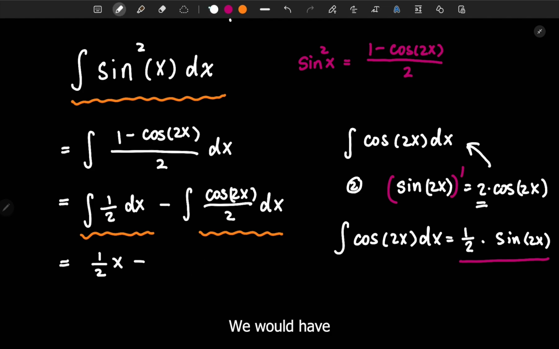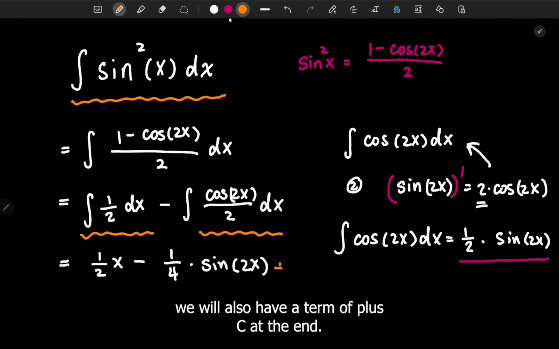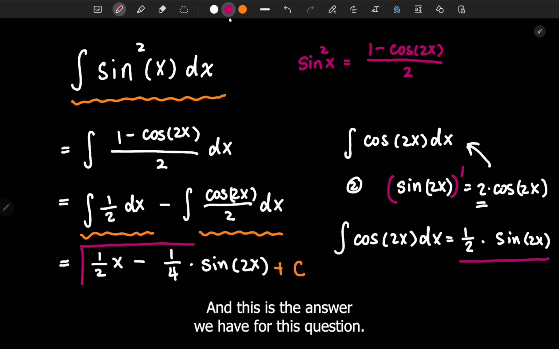We would have 1/4 times sine 2x. And because this is an indefinite integral, we will also have a term of plus c at the end, so plus constant. And this is the answer we have for this question.